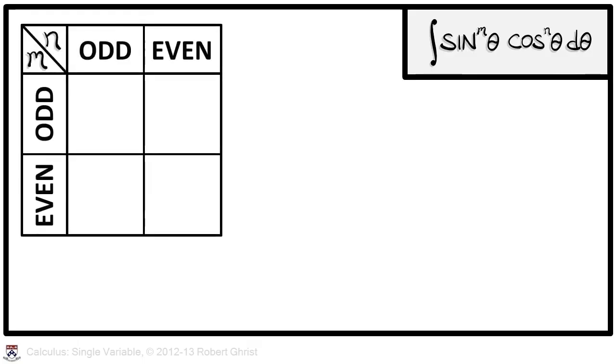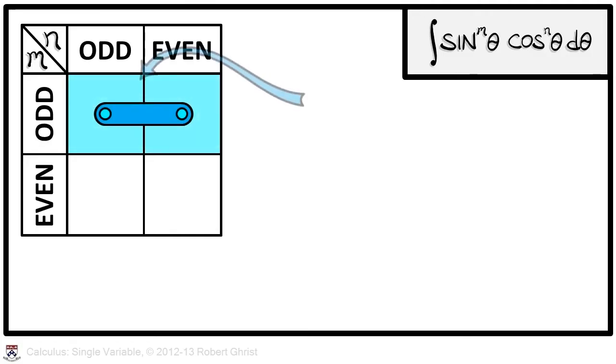For our first class of integrals, consider as an integrand sine to the m, cosine to the n. Solving such a problem is going to break up into several different cases, depending on whether m and n are even or odd. This will give us a good chance to practice our various integration techniques.